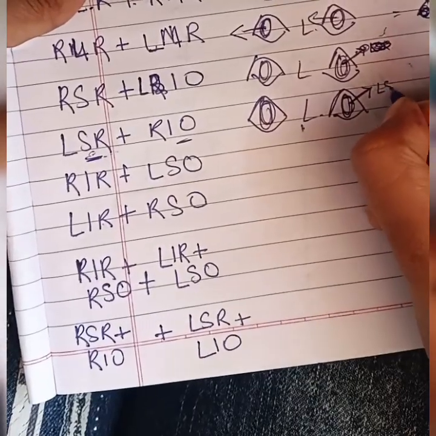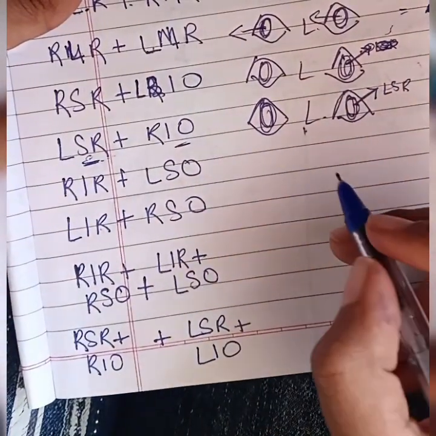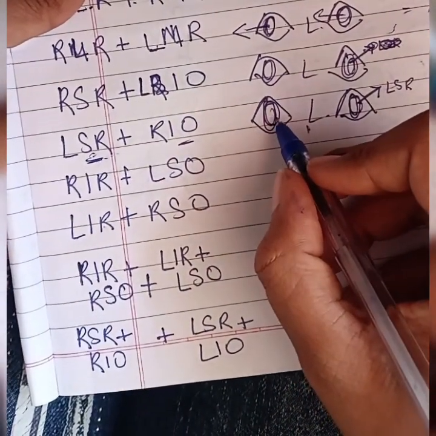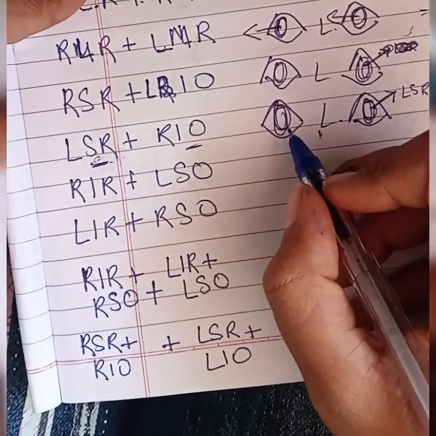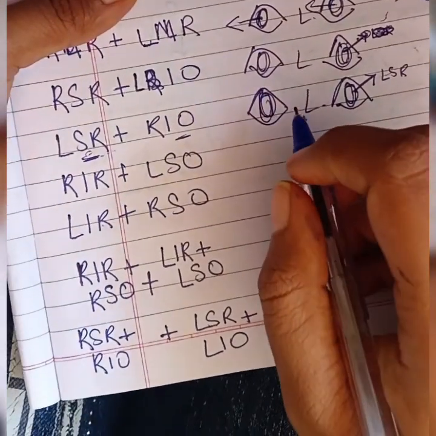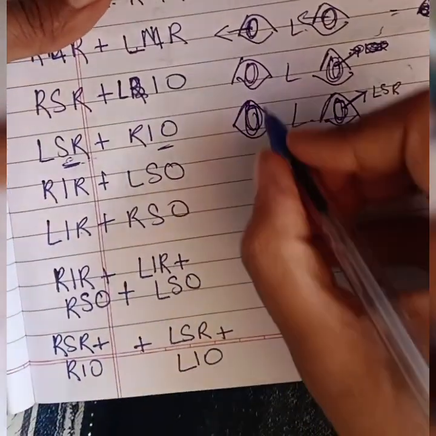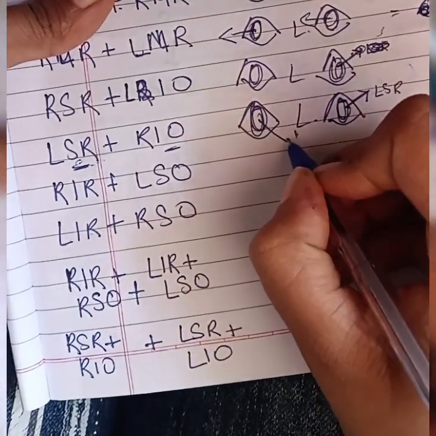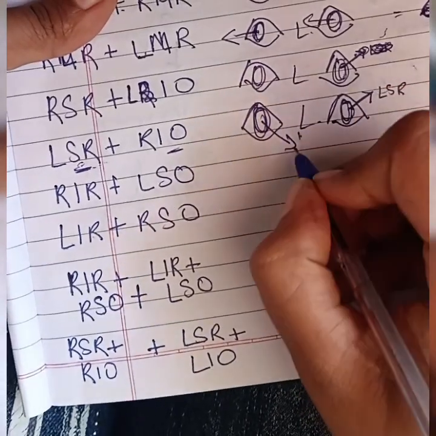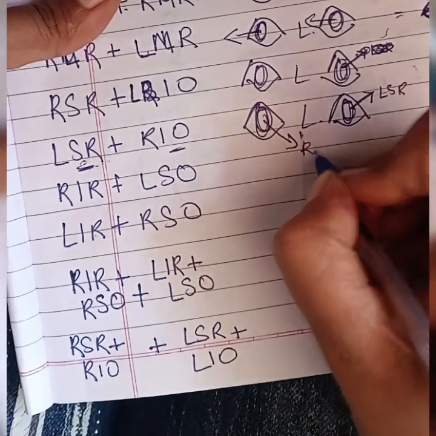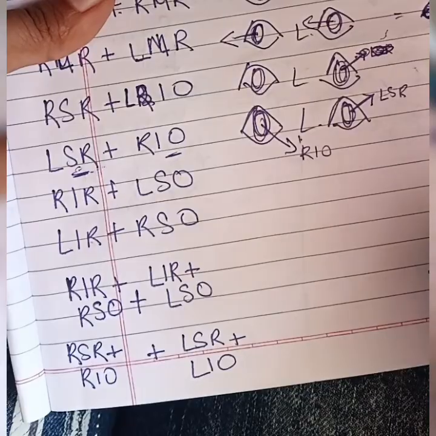So this is your left superior rectus, and right inferior oblique. So inferior oblique, that is in adduction, the secondary action is taken. Depression in adduction is your right superior oblique.